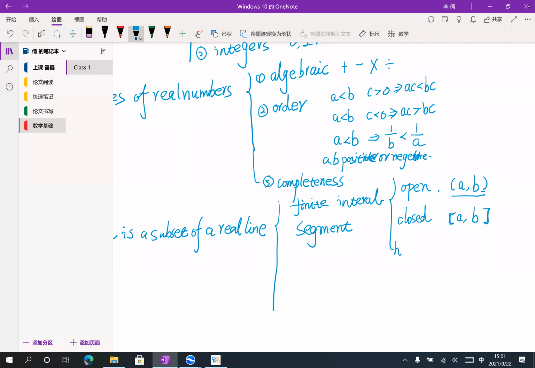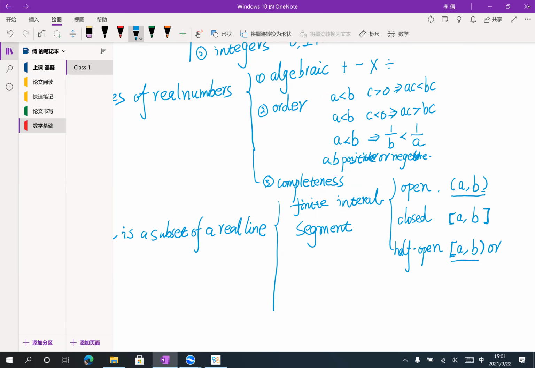And then there is the half open interval. A half open interval means an interval that contains the endpoint A and does not contain the endpoint B, with a bracket on the left and a parenthesis on the right. This interval contains A but not B, so it is a half open interval.